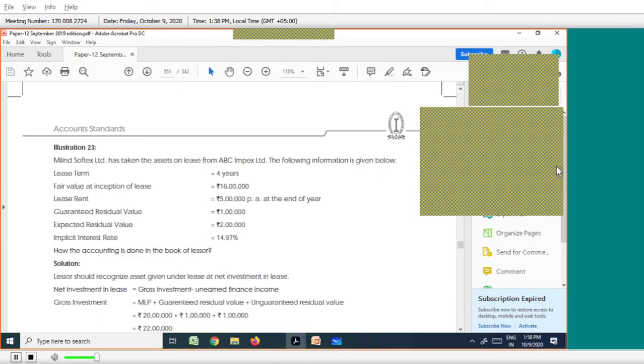There may be an error in the material, maybe they typed it wrongly. You should type your own answer. Preeti 22 lakhs, Kirti 22 lakhs. It is 22 lakhs only.